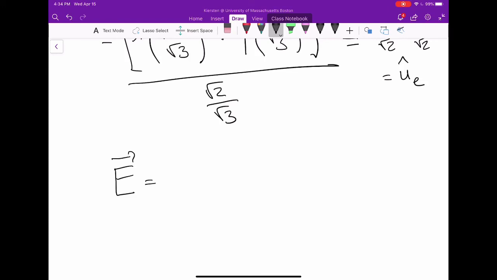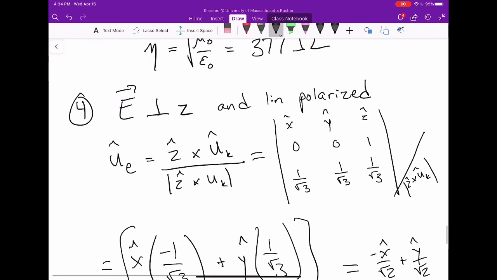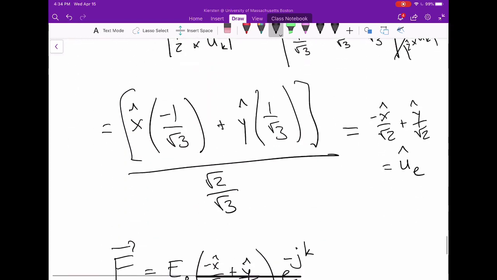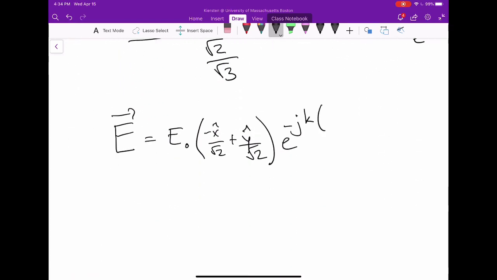Putting all of that together, I have that the electric field for this plane wave is E naught times minus x hat over root 2 plus y hat over root 2, times e to the minus j k times x over root 3 plus y over root 3 plus z over root 3.